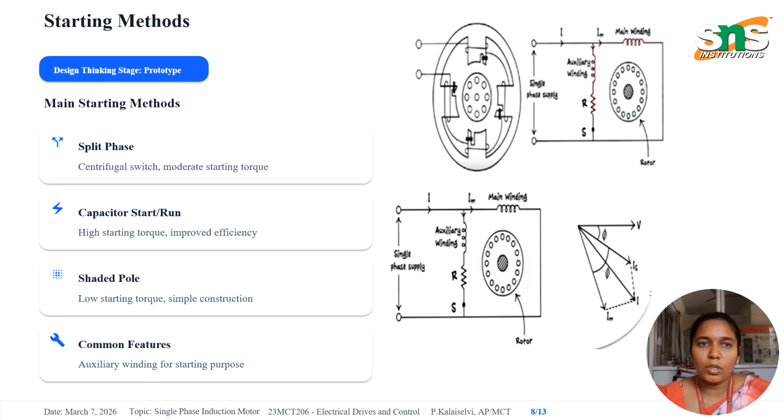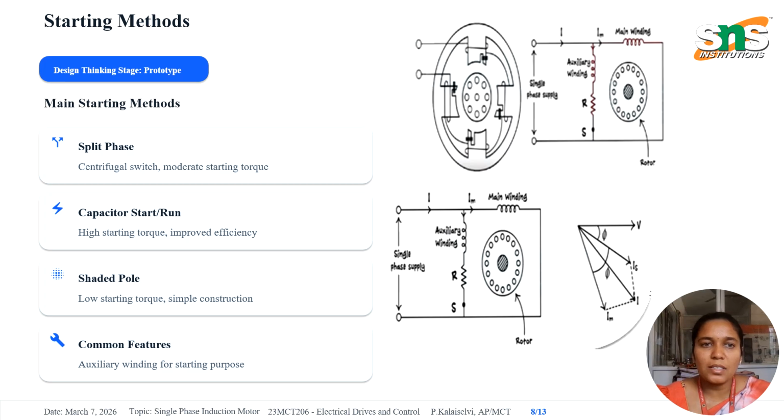To start the motor, special starting techniques are used. First one is the split phase method. Second one is the capacitor start method. Third one is the capacitor run motor. Final one is the shaded pole motor. The split phase method uses an auxiliary winding and a centrifugal switch, which produces moderate starting torque.